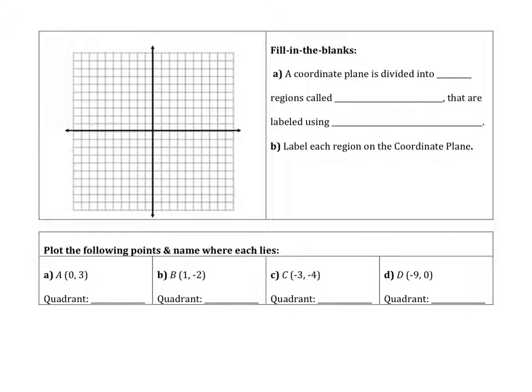Next, a few more things about the coordinate plane. By the two number lines intersecting, it divides the coordinate plane into 4 different regions. Those 4 different regions have a certain name. So let's fill in the blanks here. A coordinate plane is divided into 4 regions called quadrants that are labeled using Roman numerals. And the way that you label the quadrants has to be done in a certain way. You start with quadrant 1 in the upper right hand corner in the positive area.